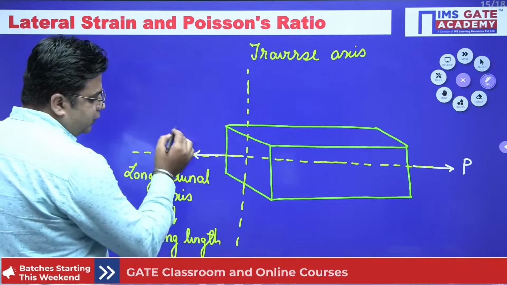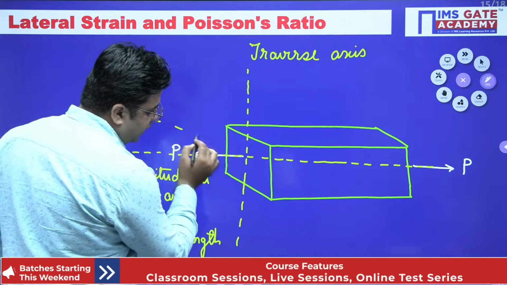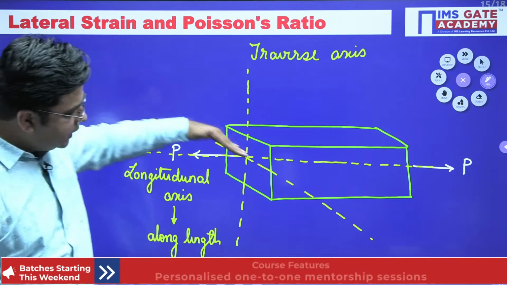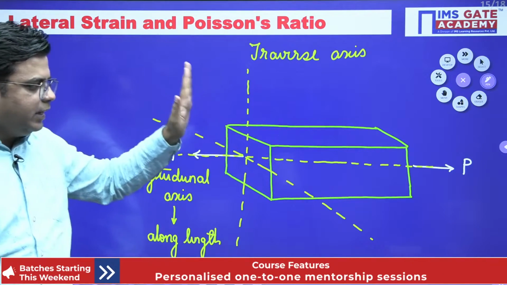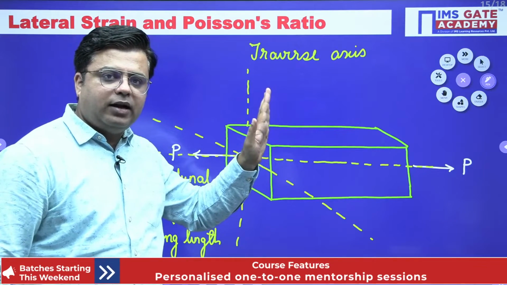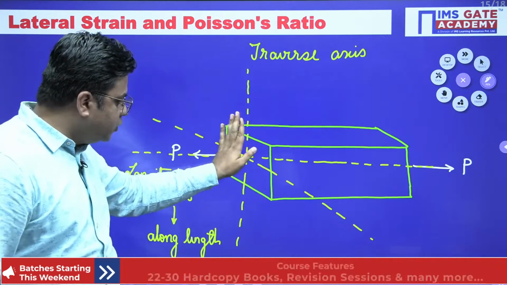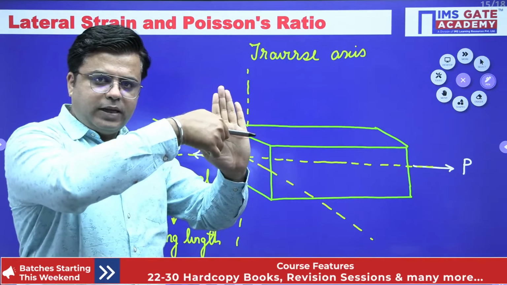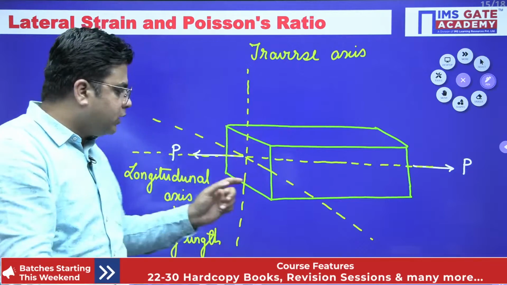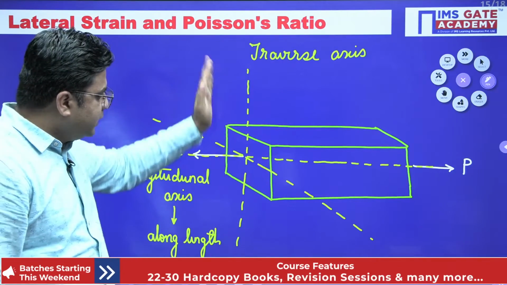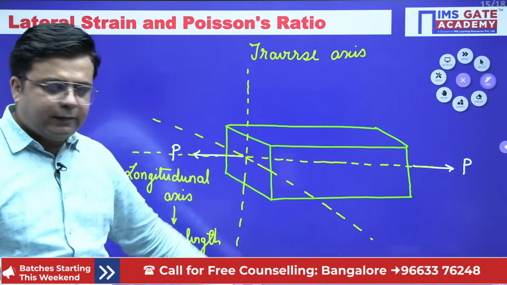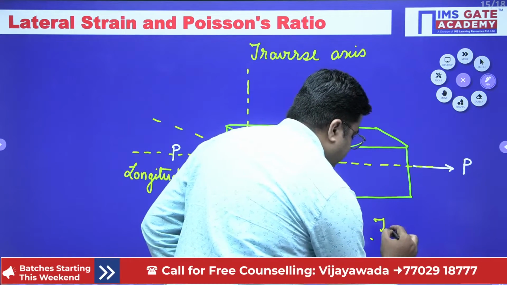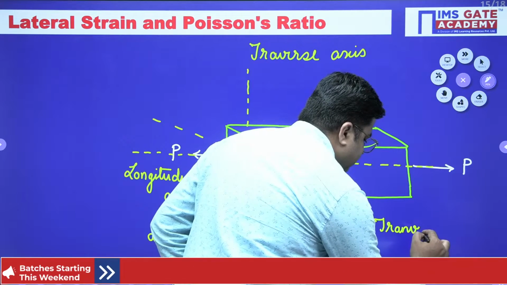Another transverse axis will be like this, which is again parallel to the cross section. So corresponding to this longitudinal axis, I have two transverse axes.